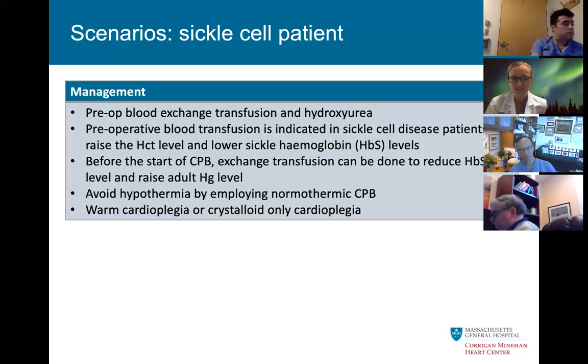Then on the day of surgery, before starting cardiopulmonary bypass, you can do exchange transfusions to reduce HbS levels and raise hemoglobin. The key again is avoiding hypothermia by doing normothermic bypass and giving warm cardioplegia or crystalloid only, to avoid sickling during the bypass run.